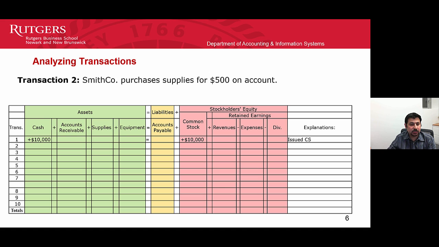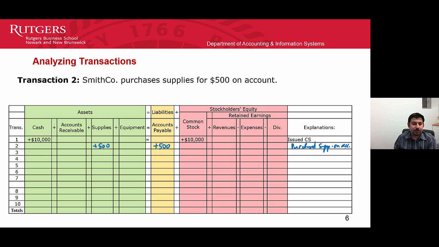So in this case, the asset account supplies has increased by $500, and the liability accounts payable has also increased by $500. Here the explanation would be purchased supplies on account.